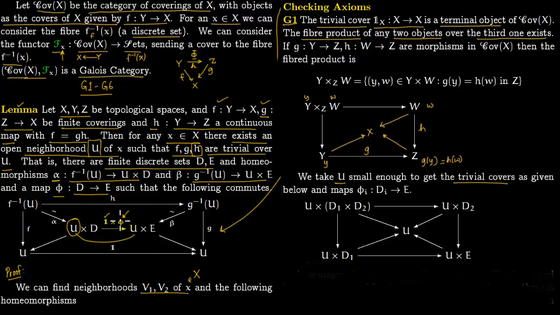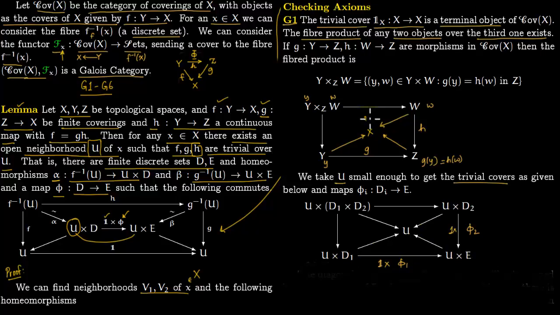So in this lemma we will be able to construct this map phi going from u times t to u times e, and we had 2 covers y and z. So here you have 3, y, z and w. So now from this map, you have u times t1 to u times e. So this is your map phi 1, this is your map phi 2, obviously identity times phi 1, and this is identity times phi 2, because u just goes to u. So all of them are sitting over u.